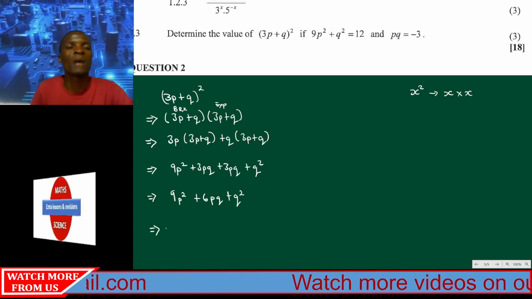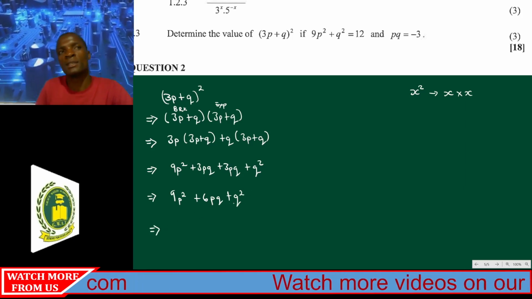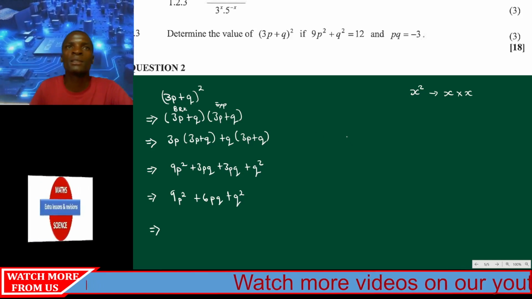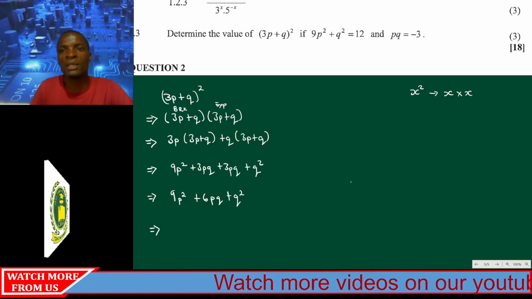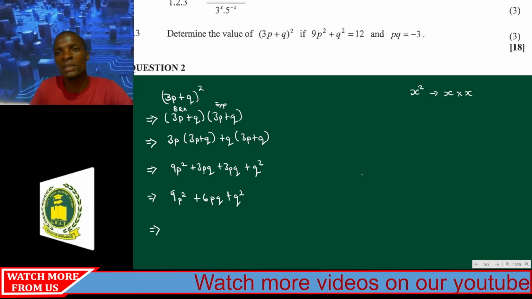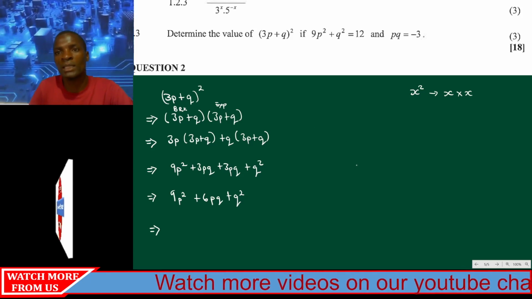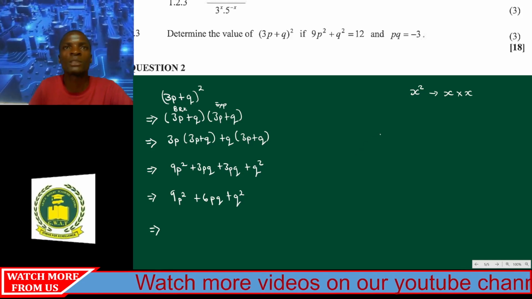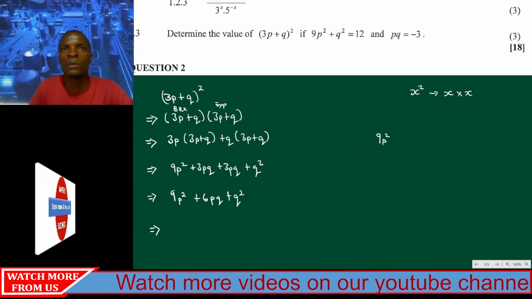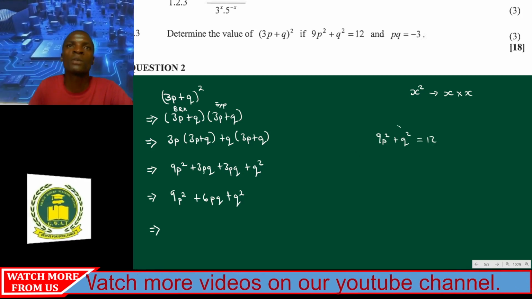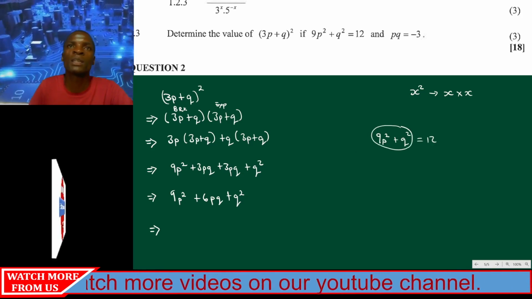Now we have this simplified, but according to what we are given, the question reads that 9p to the power 2 plus q to the power 2 is 12. So since 9p squared plus q squared is 12, we need to rearrange our terms so that they can give us this.